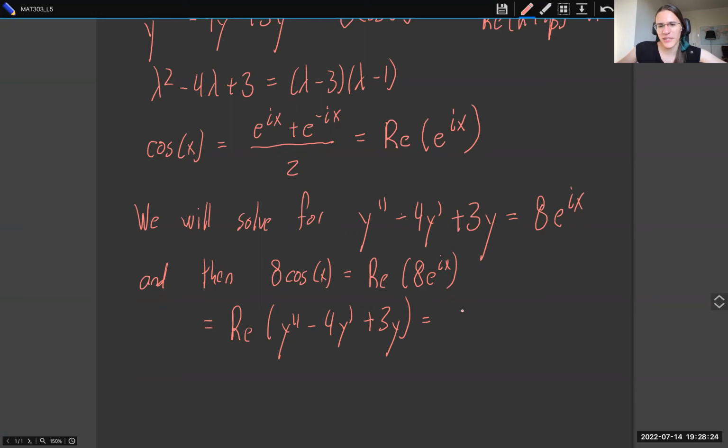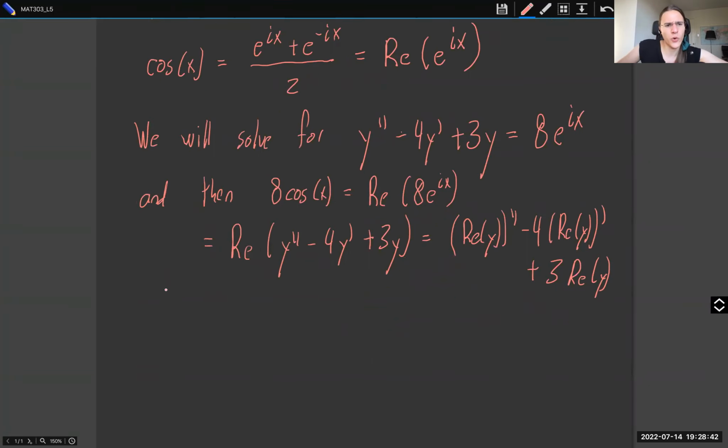So this is going to be the same as real y prime prime minus 4 real y prime plus 3 real y. So real of y is a solution to our original equation.